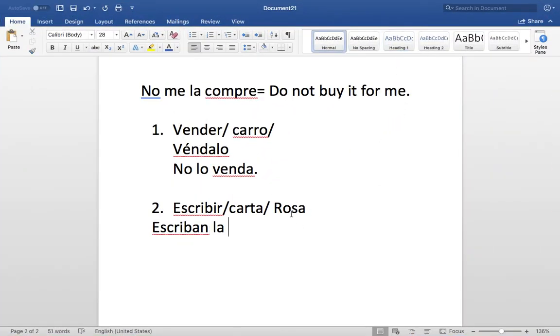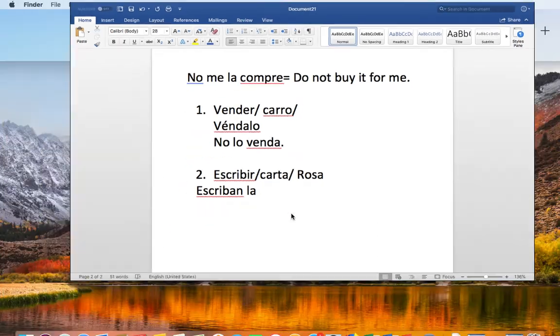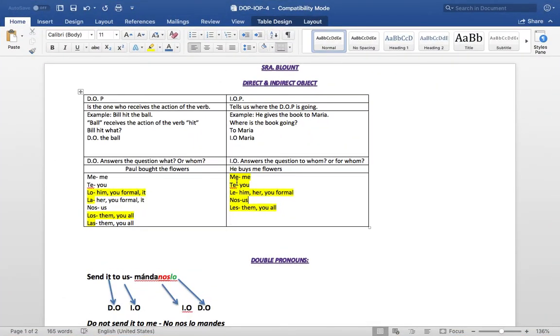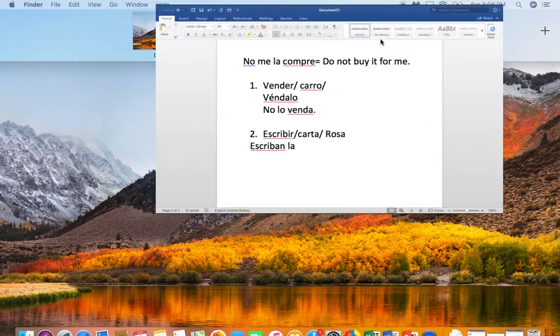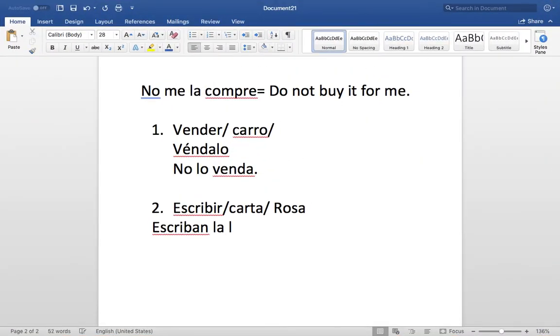And then Rosa, it's right here. It's the indirect. The letter is going to go to Rosa. Remember, it tells us where the direct object is going. In this case, going to Rosa. And Rosa, it's le. See? Her, le. And then we go back here and do le.